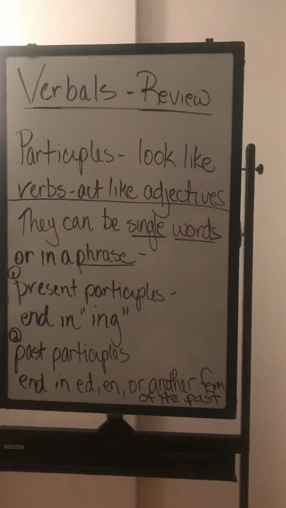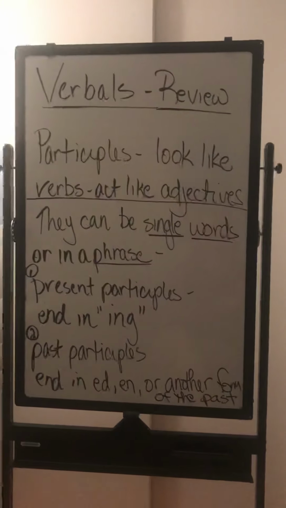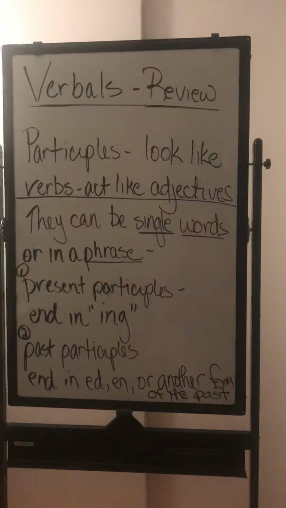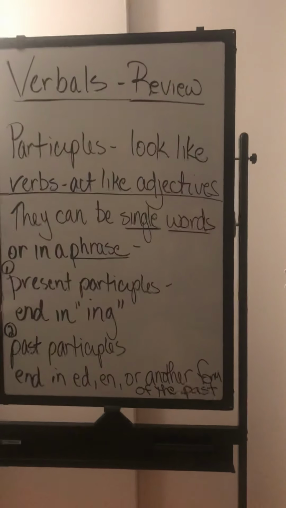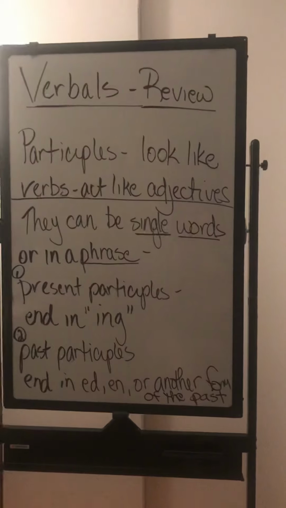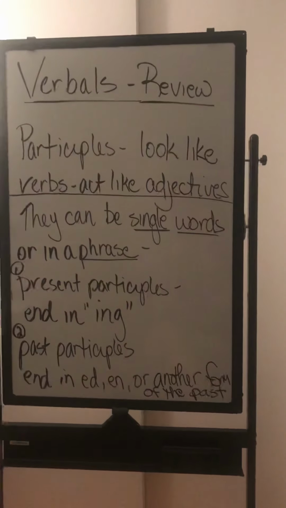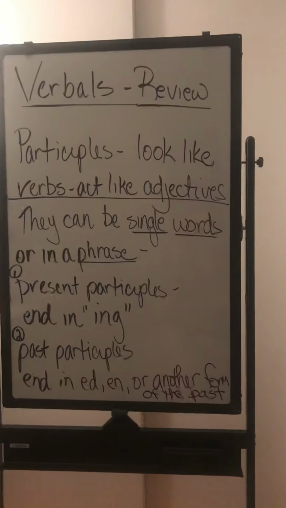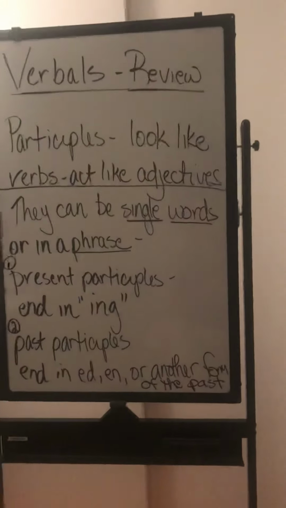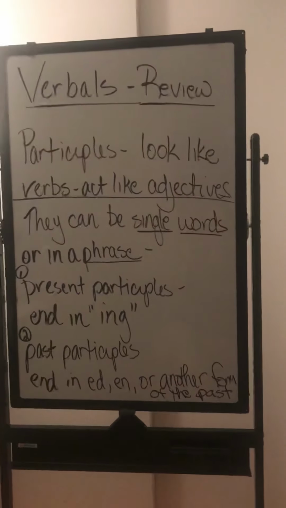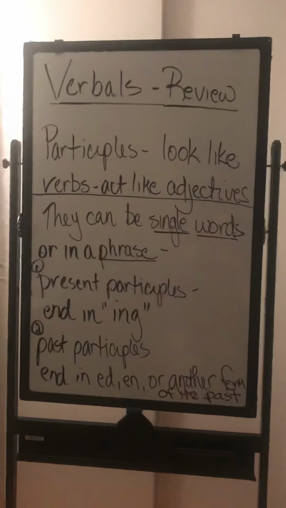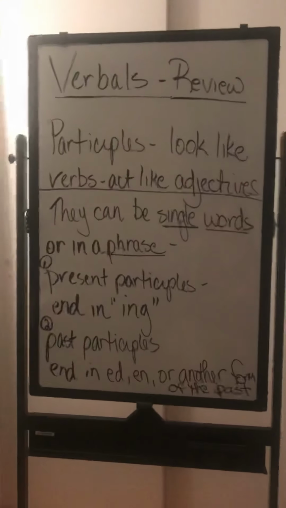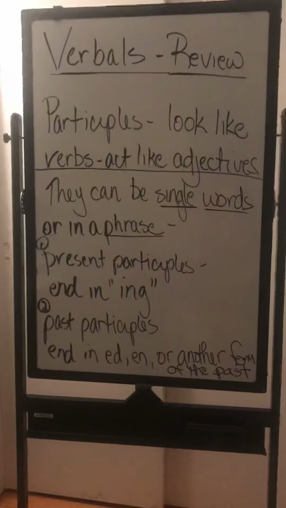So you could add a prepositional phrase after that word and turn it into a participle phrase. So you could say something like the child frightened by its shadow, or frightened by her shadow. By her shadow is a prep phrase that comes after the participle and turns that participle into a participle phrase.